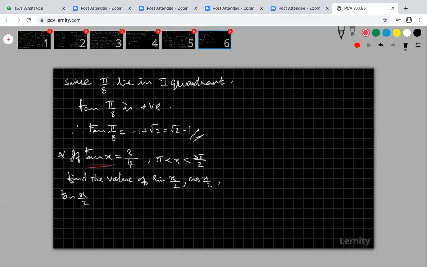How to find out that? Your x lies in the third quadrant. In the third quadrant, your tan is positive. Okay, x belongs to the third quadrant, but we have to find out the sin of x by 2. If x belongs to the third quadrant, then x by 2 belongs to the second quadrant.